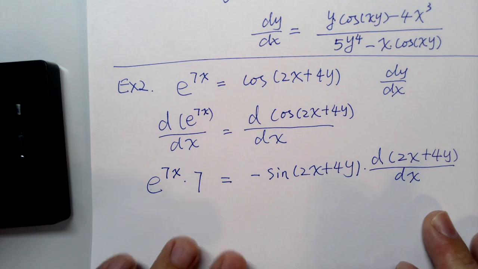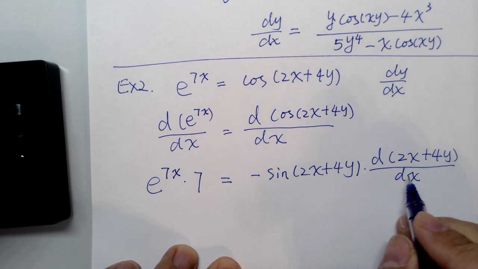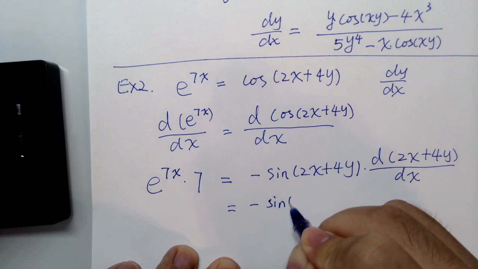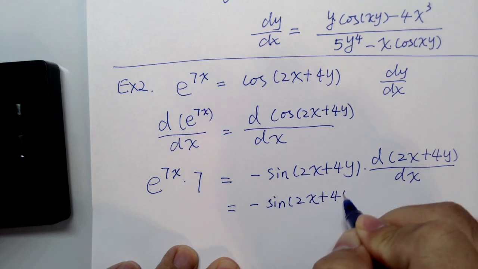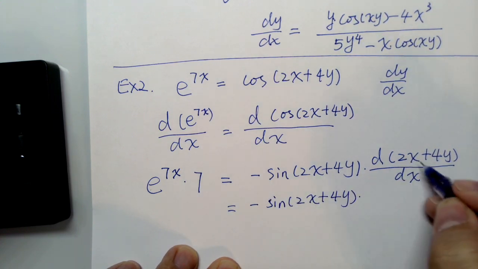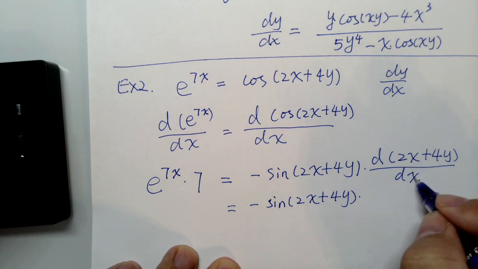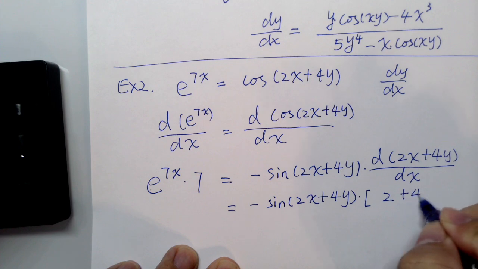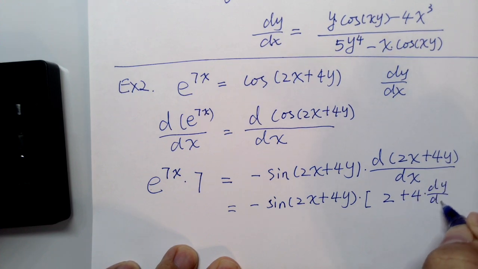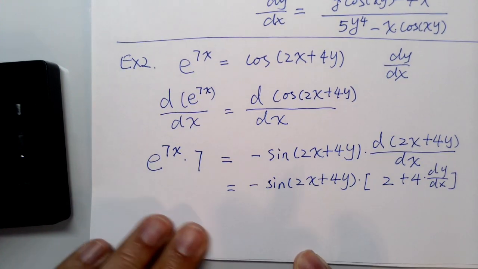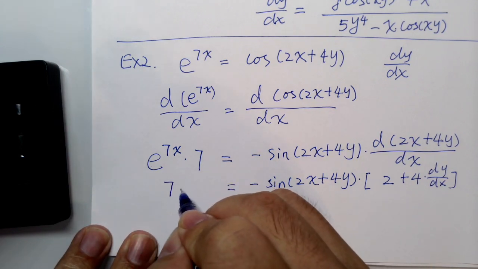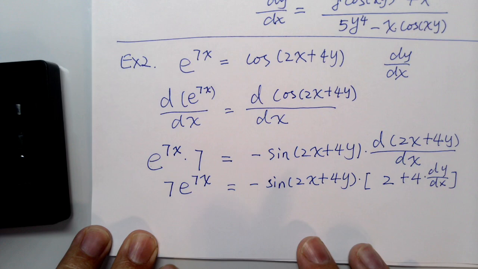Exactly chain rule stuff. So negative sine of 2x plus 4y, and then the derivative of this: d(2x)/dx gives you 2, plus 4 dy/dx. And on the left-hand side, nothing changed, so it's just 7 e to the power 7x.